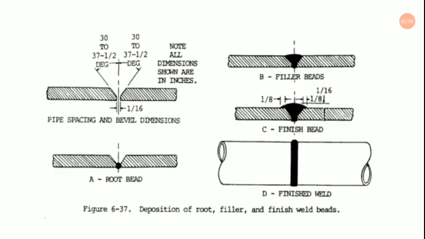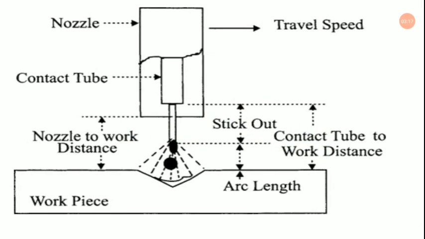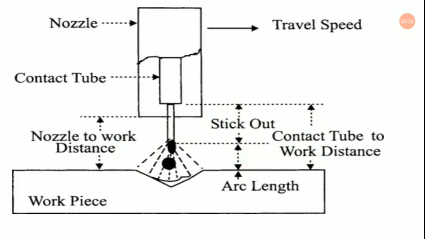Now, this is a typical diagram. You can take a screenshot if you want. This is the nozzle, and this is the contact tube. This is the nozzle to work distance as well. This is the stick out, and this is the contact tube to work distance. Now this is the arc length, as you can see over here.